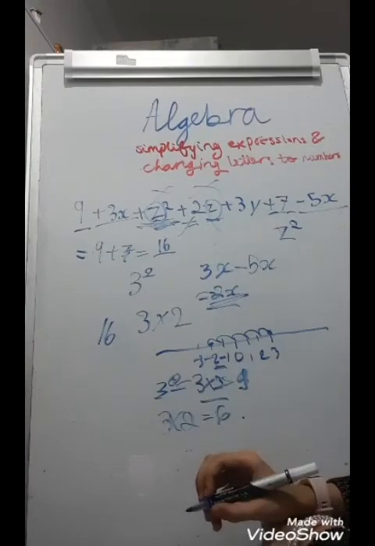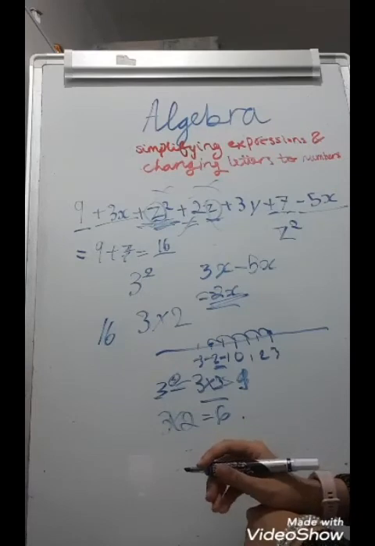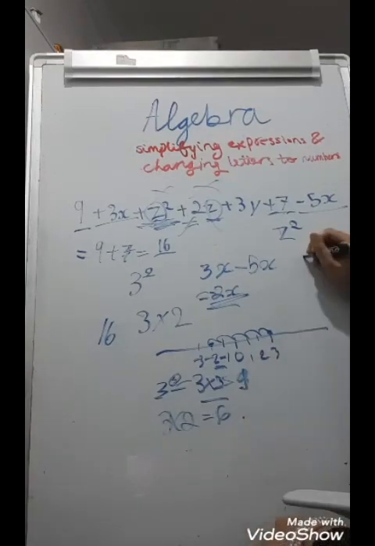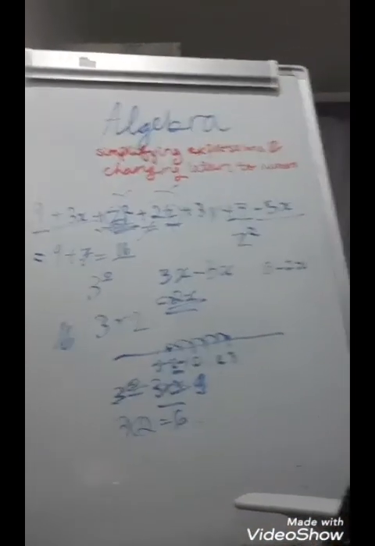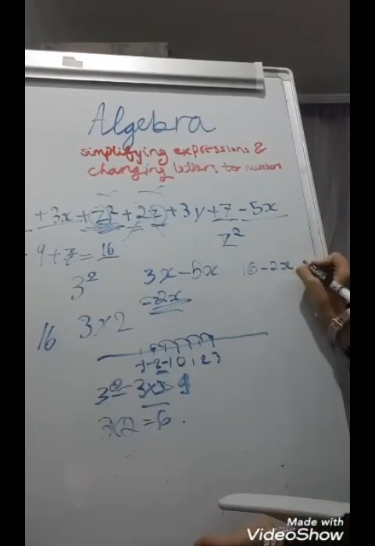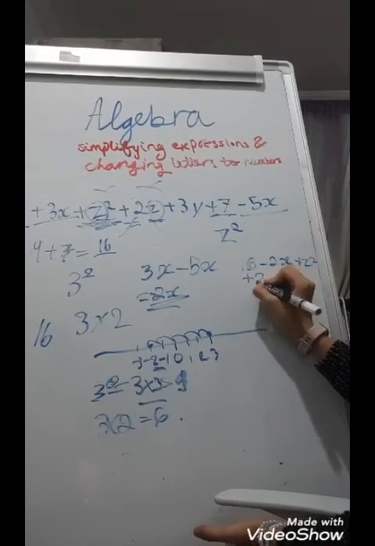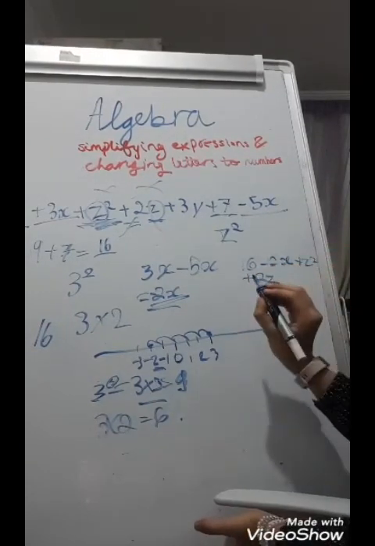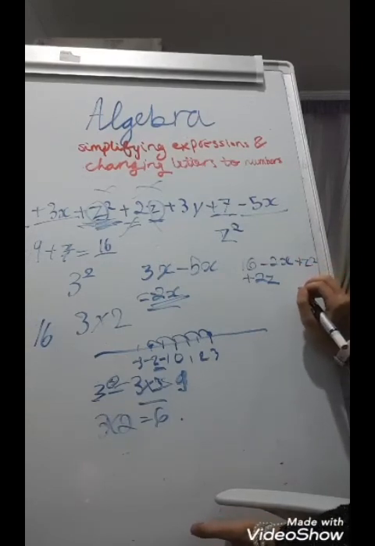Okay, now what are we going to do then if they are not equal? So we've got the 16, we've got the minus 2x, we've got also the z to the power of 2 and the 2z alone, and then we've got the 3y.